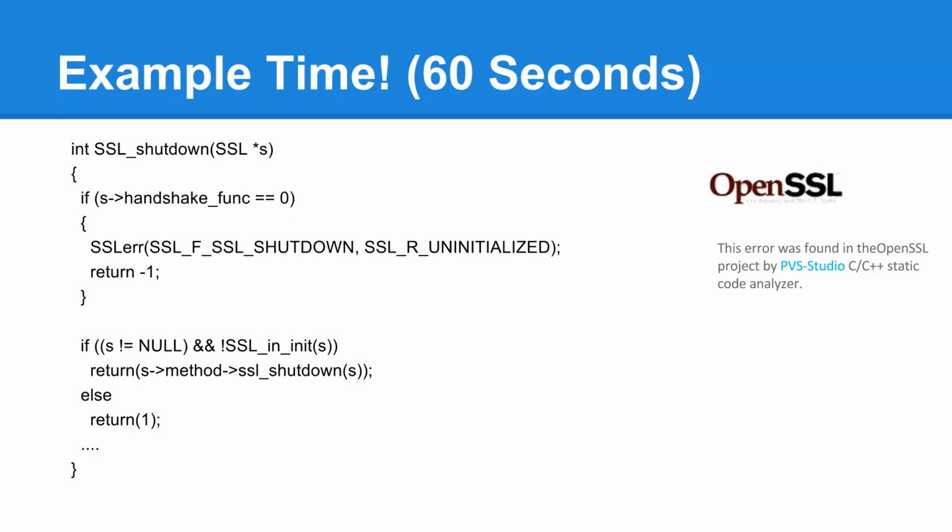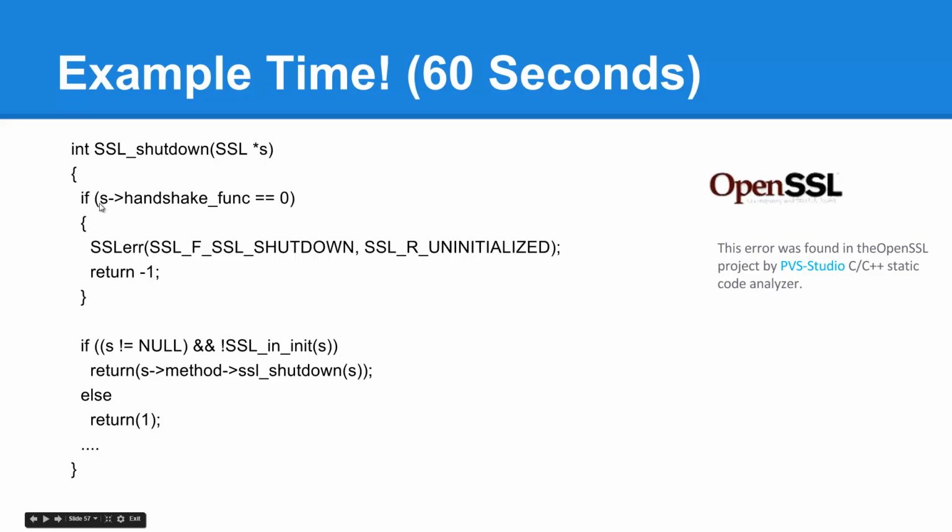So, the vulnerability here is that handshake func is just referenced as a function pointer, but it's not being called with parentheses as a function should be.